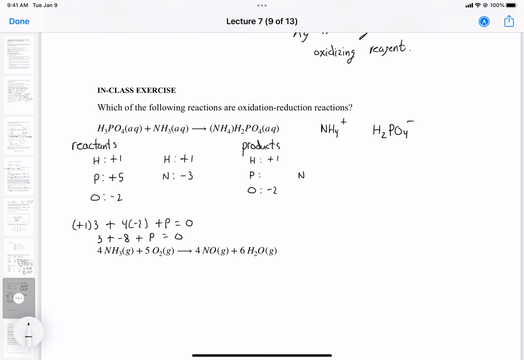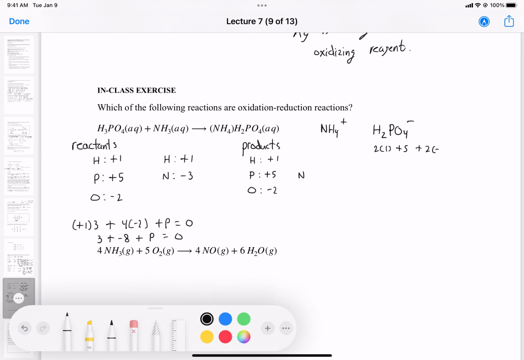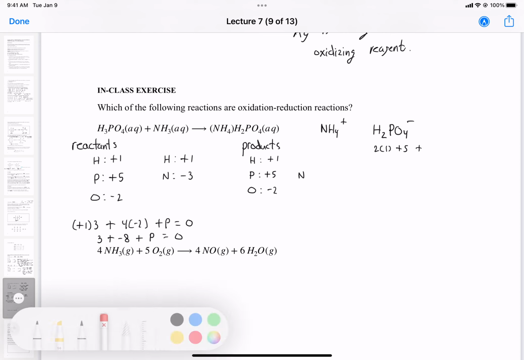Because if we think of it this way, 2 times 1 plus 5 plus 4 times -2 equals -1, right? That's 5 plus 2 is 7, plus -8 is -1, so it matches the charge, so +5 is right for phosphorus.